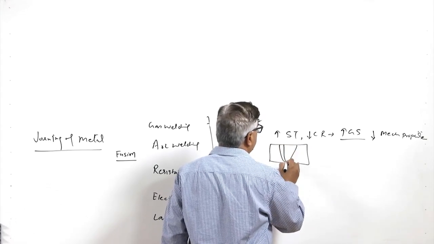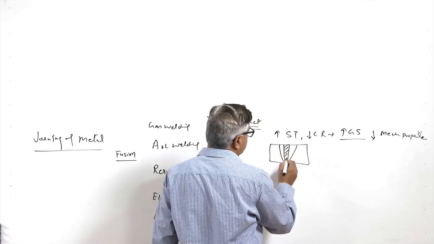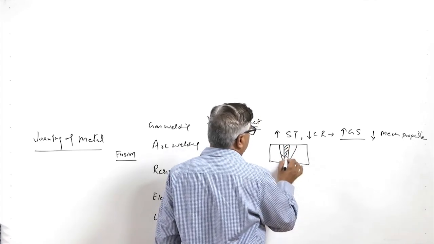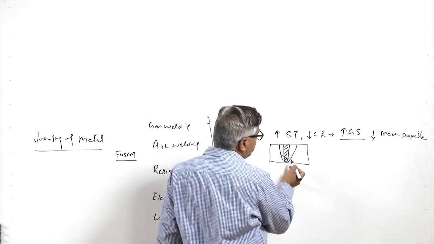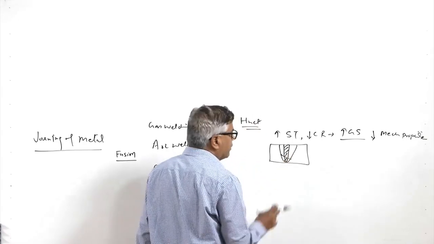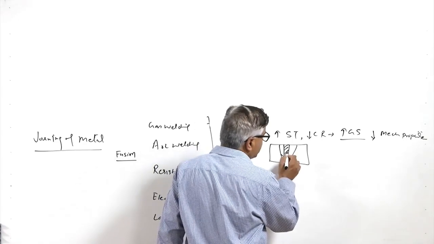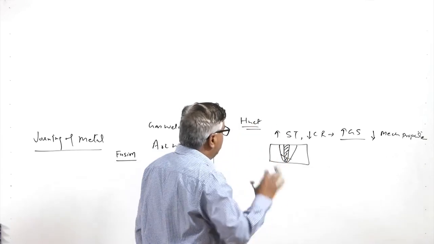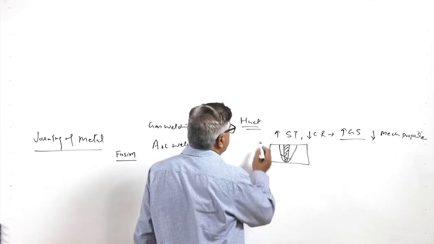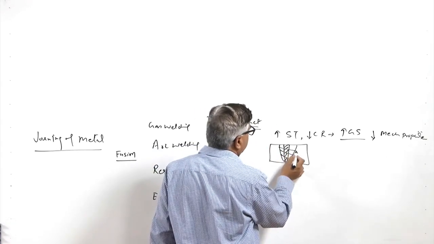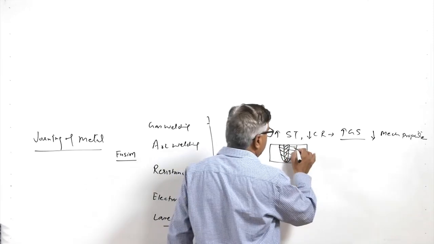A low heat input will result in a smaller weld size for the high energy density processes, while when the low energy density processes are used, we need to supply a lot of heat, and that will be increasing the size of the weld pool.